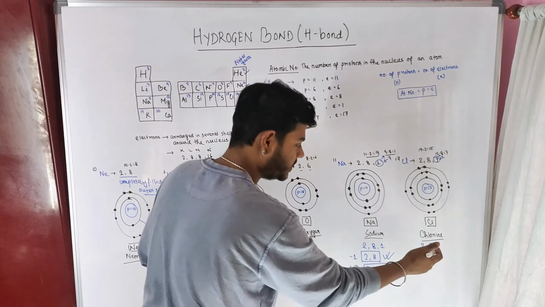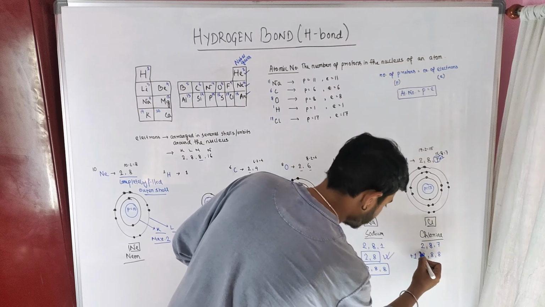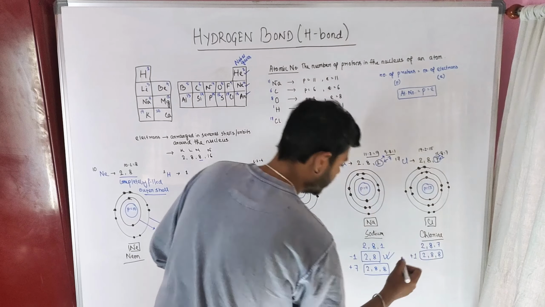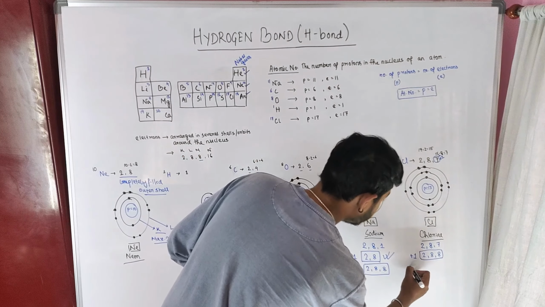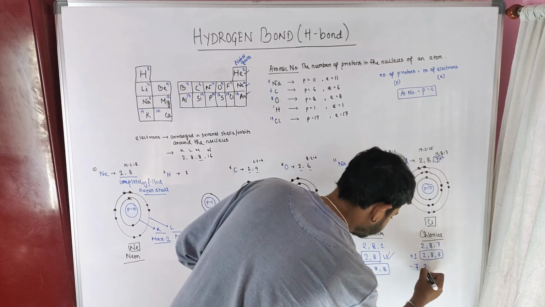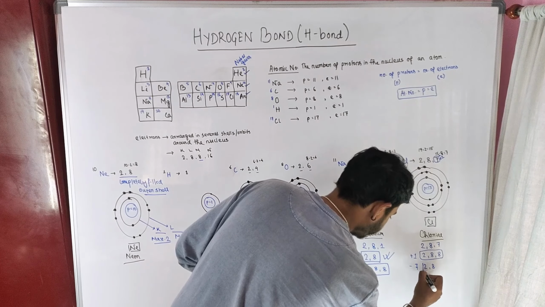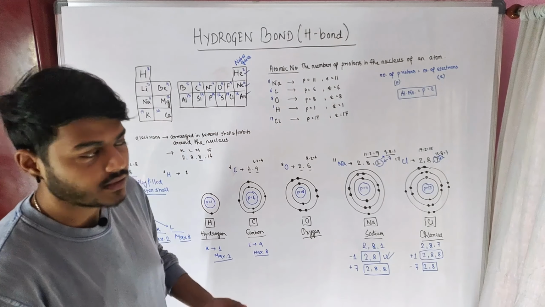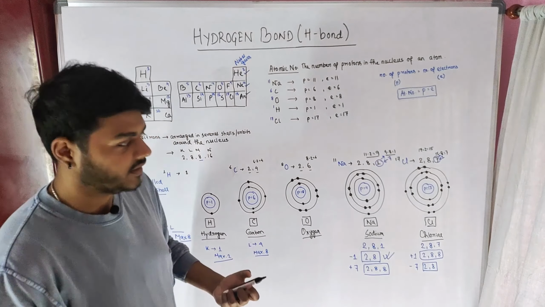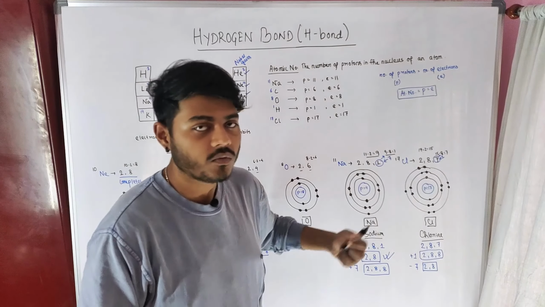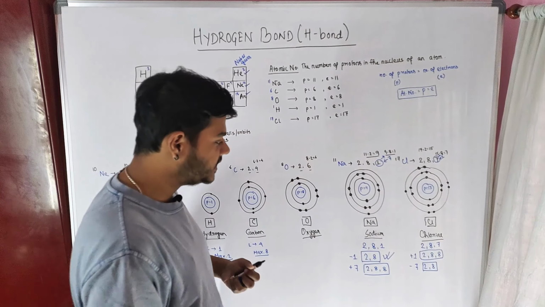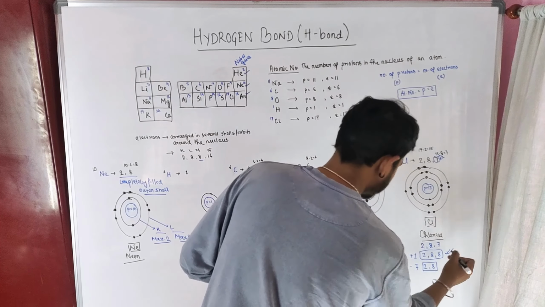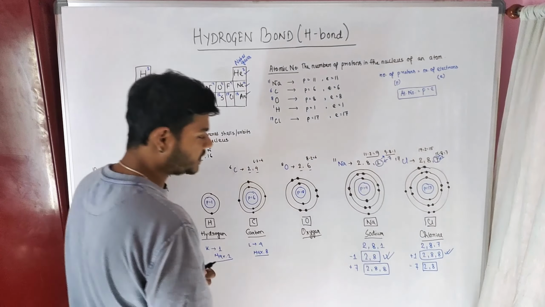The last shell had 7, it's taking in 1 electron, so the 7 is rising up to 8. And if it removes 7 electrons, it will achieve 2, 8. So again, which one is easier, taking in 1 electron or removing 7? Taking in 1 electron is easier than removing 7 electrons. So chlorine will try to achieve this configuration.